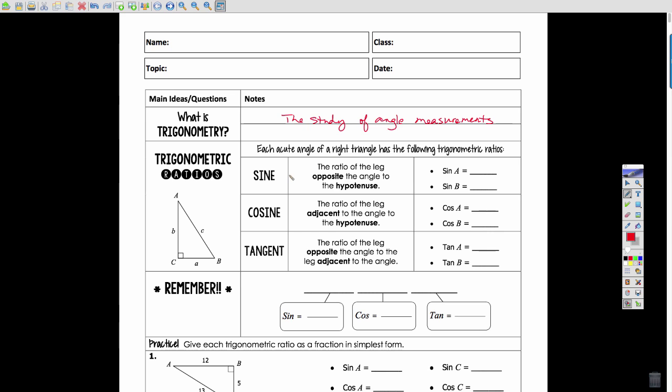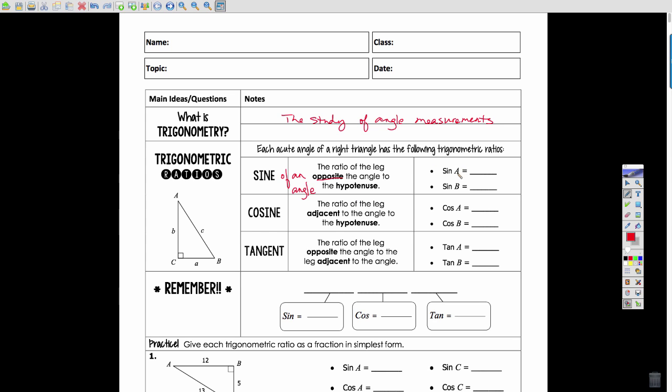Okay? So here are some definitions. Sine of an angle. All of these three concepts, sine, cosine, tangent. Sine of an angle is the ratio of the leg opposite the angle to the hypotenuse.